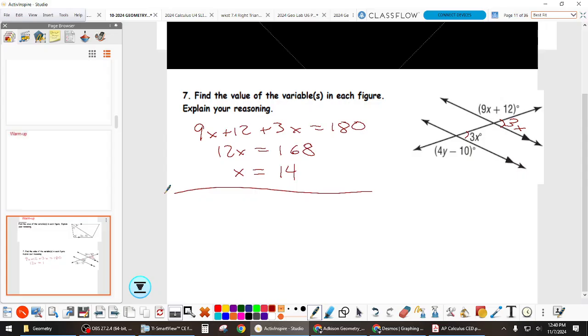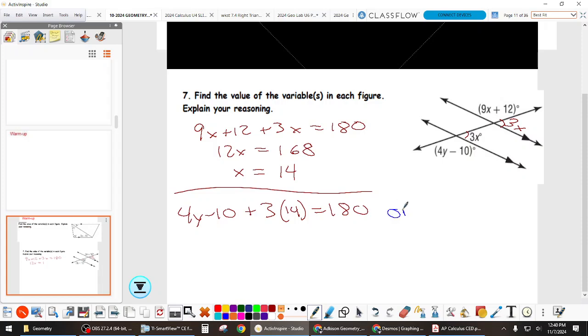So 4y minus 10, we could do two things. Could do this version: 4y minus 10 plus 3 times our x value. And those are another linear pair.